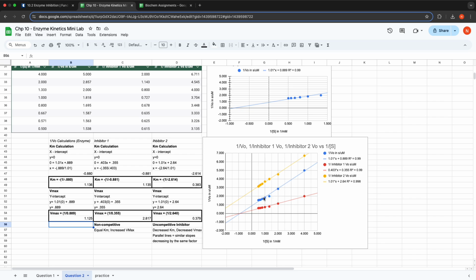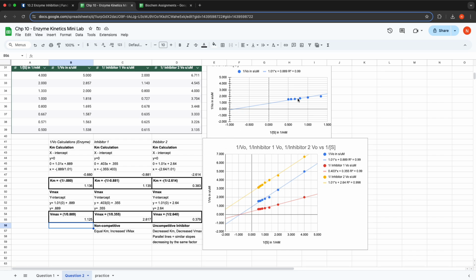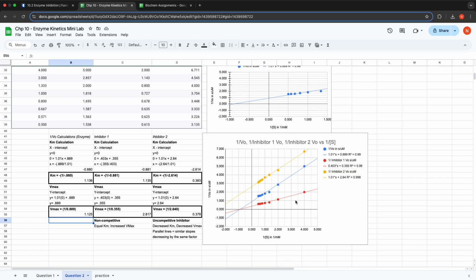Our blue line and our blue data points are the exact same as this plot here. The red data points are looking at that enzyme versus inhibitor 1 and how those correlate. And the yellow linear regression line and data points are looking at inhibitor 2 and how they correlate with our initial line.